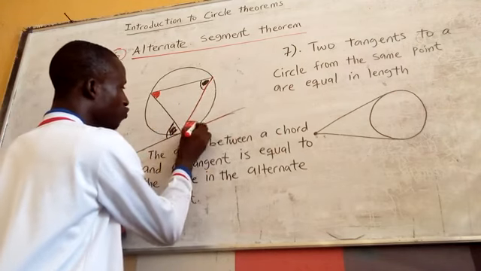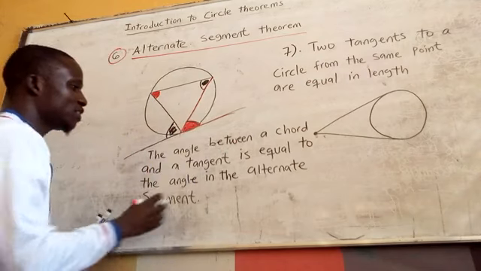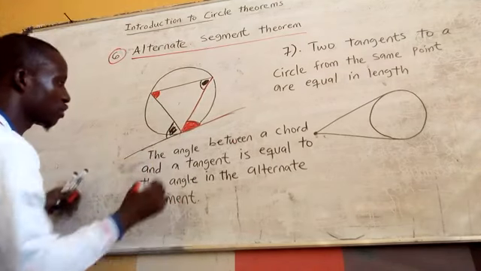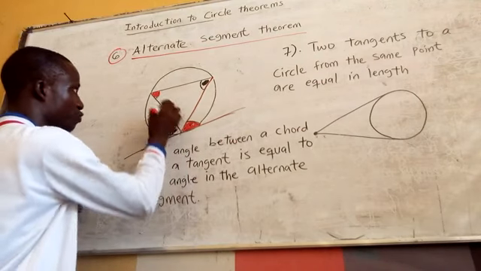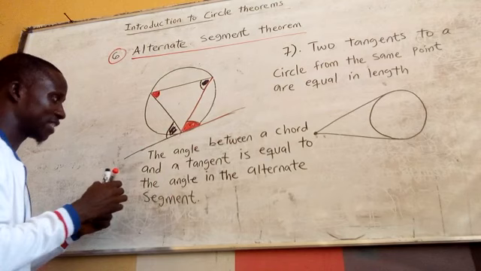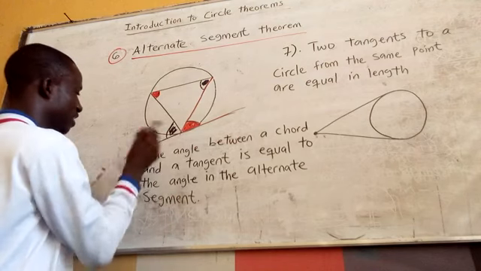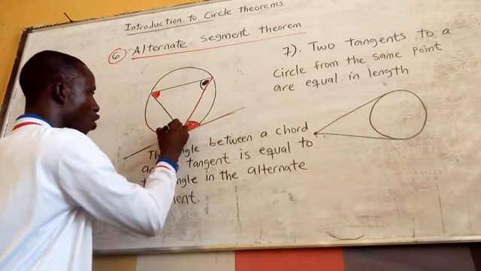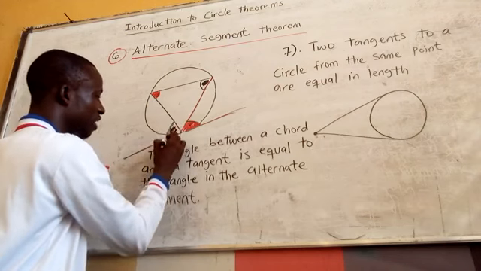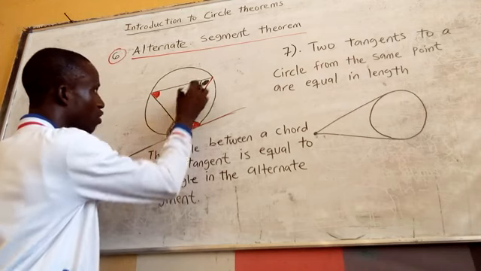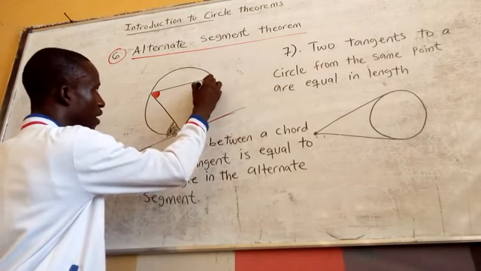So the angle here between the chord and the tangent is equal to the angle in the alternate segment. So what is the alternate segment? At this point here, the alternate segment is this point. If we're using the side here, this is a tangent line, and between the tangent line and the chord, we have an angle. So the angle here should be equal to the angle in the alternate segment, the angle right here.